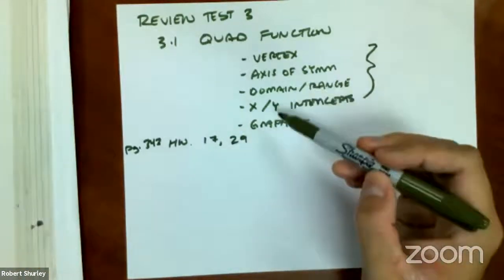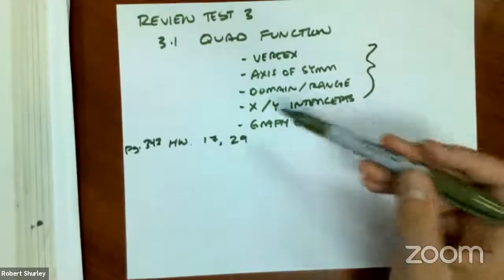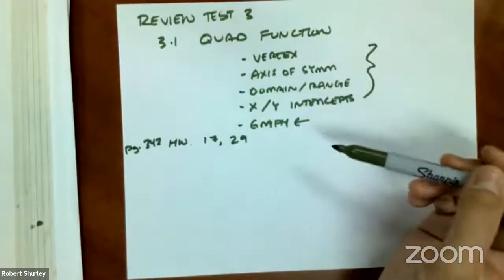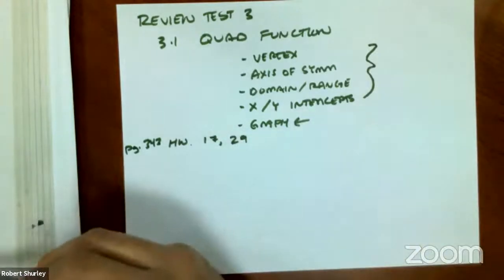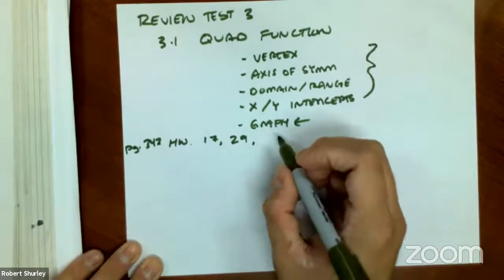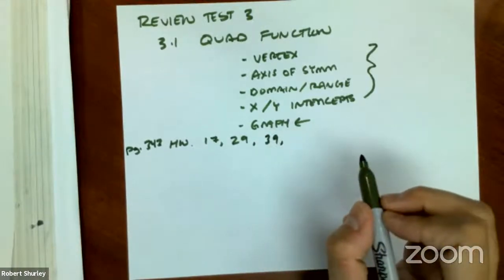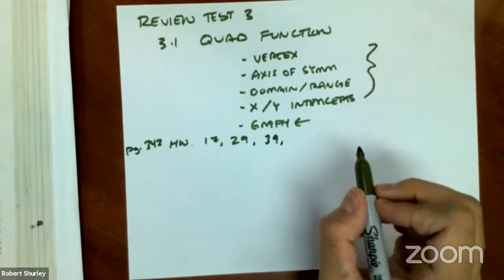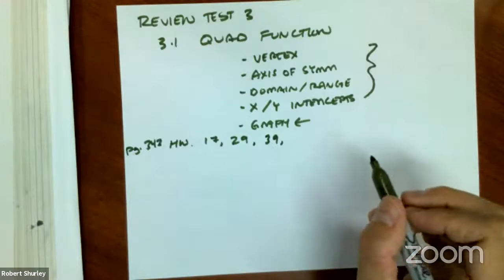And now look, I don't think they ask you to graph it at the end. I would just go ahead and graph it just so you can see what it looks like and see how everything goes together. Okay. 17, 29, and then also 39 would be a good one to throw in there as well, where it's asking you a few more things about it.